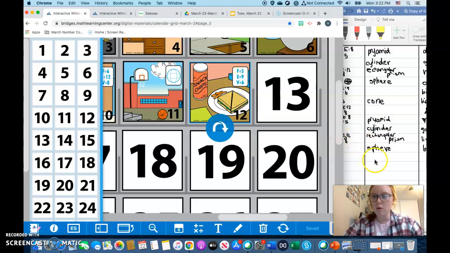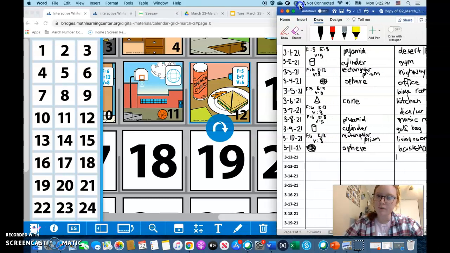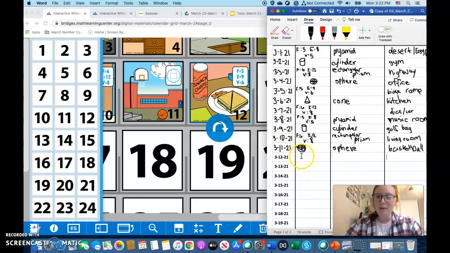So I'm going to head over to our calendar grid, which should look familiar, and I'm going to use my mouse today. For our faces, it says we have 5. For our edges, we have 9. And for our vertices, we have 6.